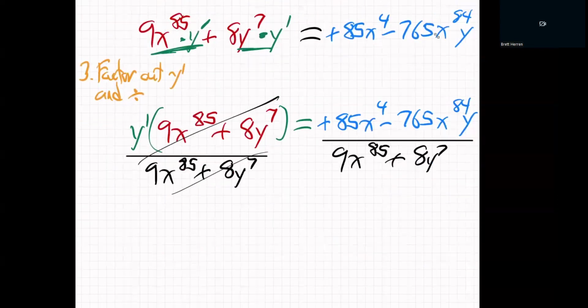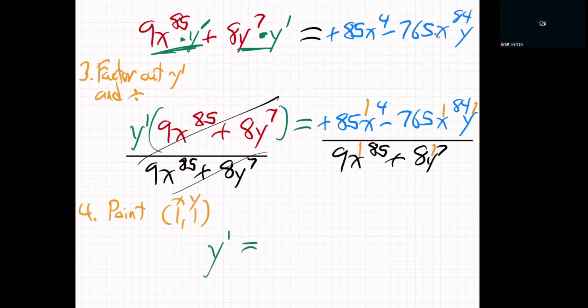So step 4, at the point 1, 1. That means x, y. The left side is just y prime now. Plug in 1 for x, 1 for y. That's a nice, easy number.